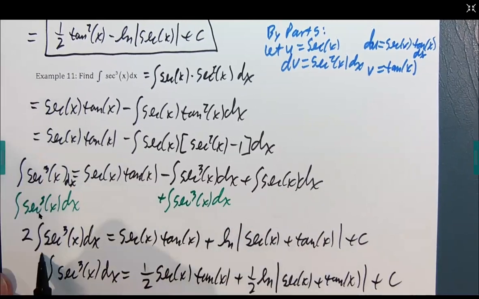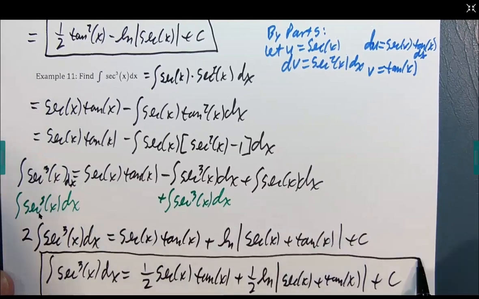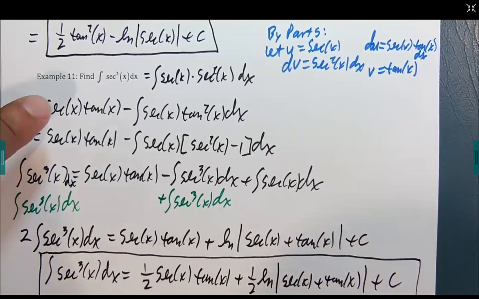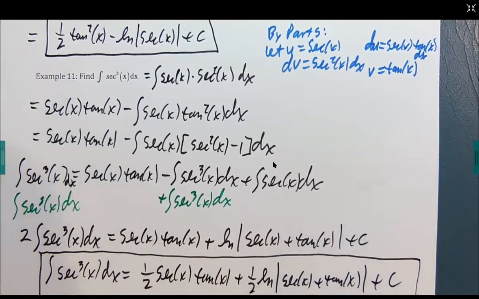And here is this crazy long answer. By the way, once you learn how to do this, you can apply the same rules to find the integral of cosecant cubed x. Hope that helped.